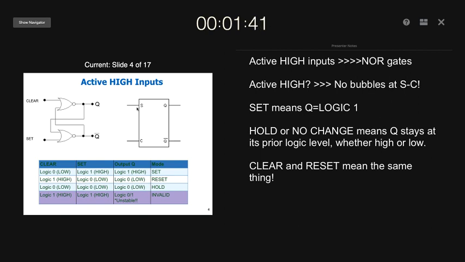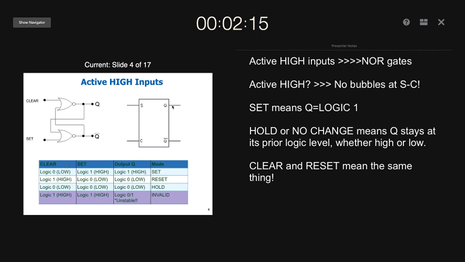Active high means there's no bubble on the set or the clear. There are no bubbles at S or C, so that's how we know they're active high. If we want to make the output logic 1, we set the flip-flop: set equals logic 1, clear is logic 0, and Q is high.